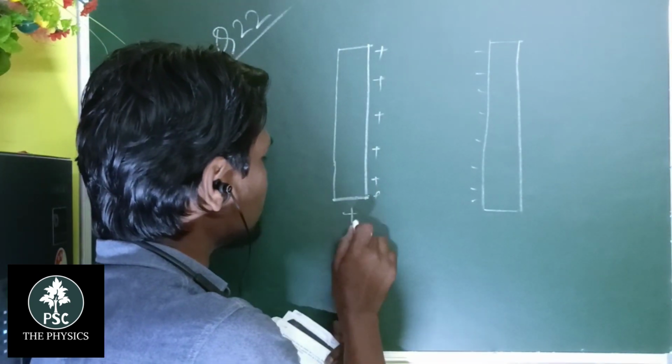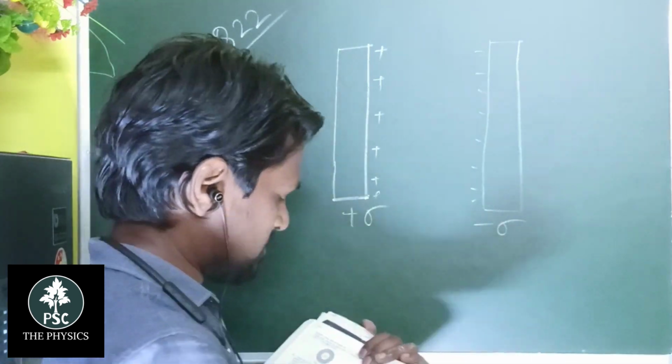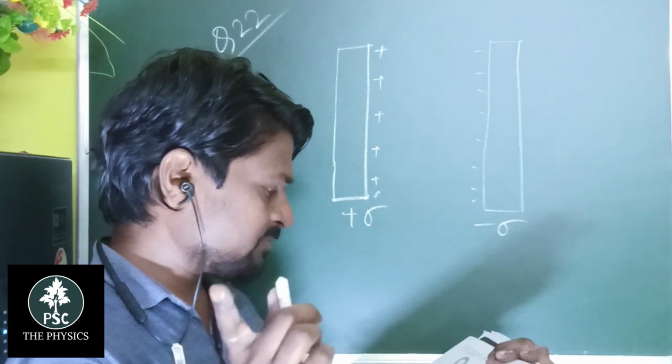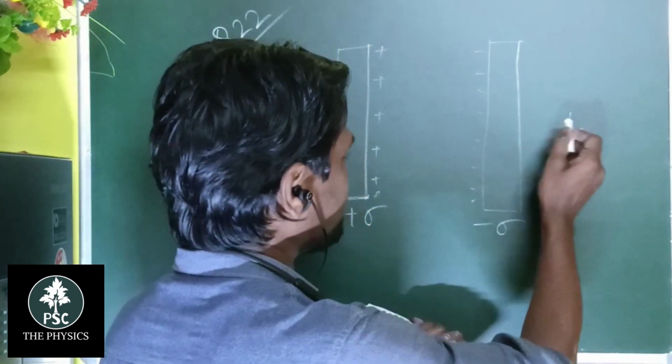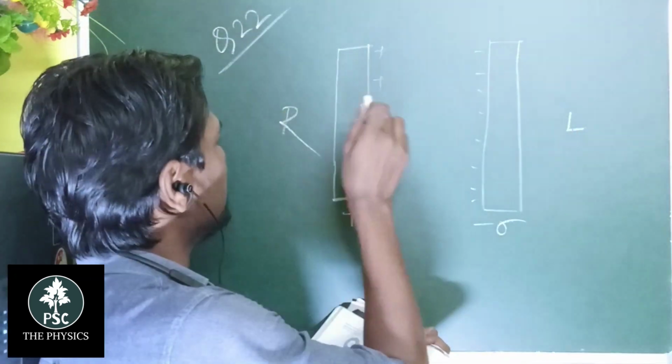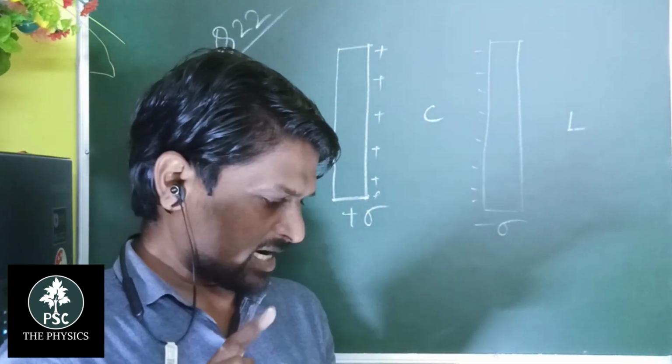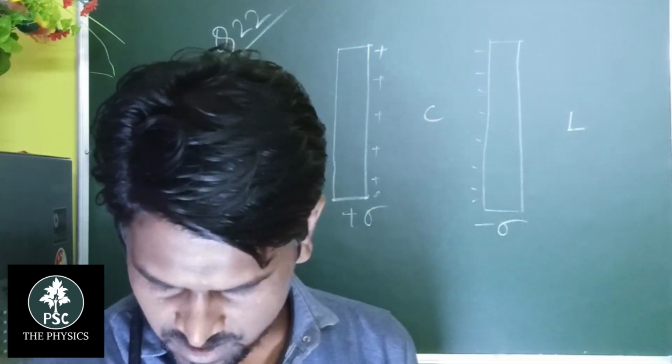So this is plus sigma and this is minus sigma. Find the electric field at the left of the plates. So this is the left side and this is the right side, and this is the center, in between the plates, and the right of the plates.